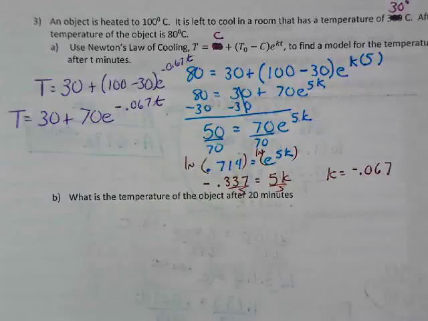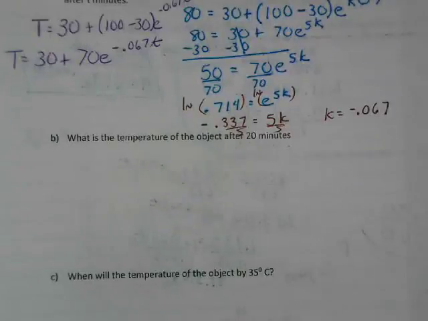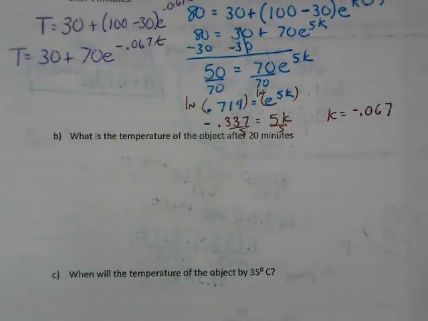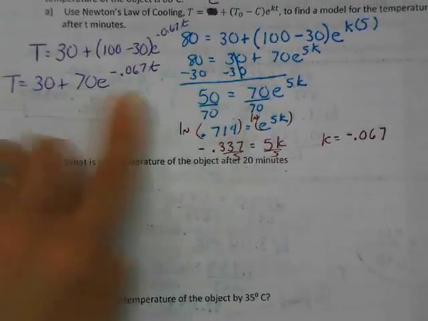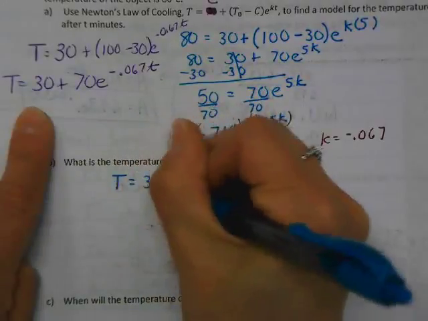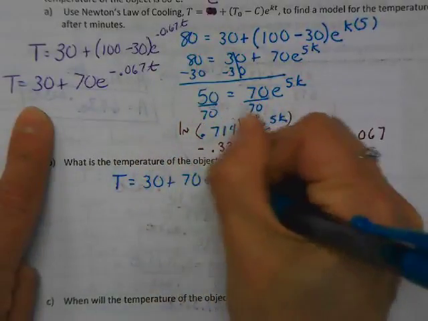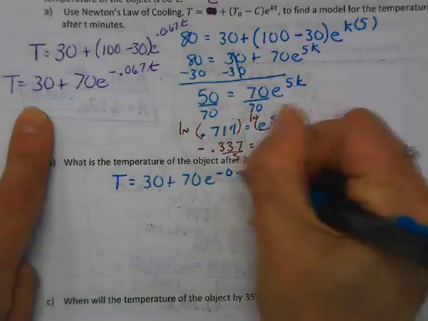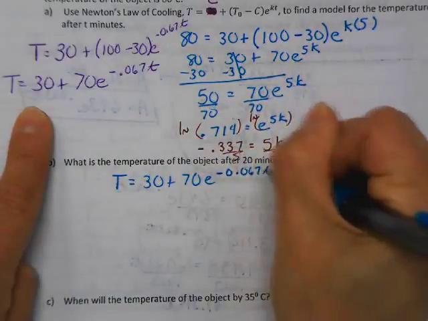Alright, so B says, what would the object's temperature be after 20 minutes? You now have your general formula. T equals 30 plus 70 e to the negative 0.067 t. And this time, what do you know? You know that your little t is 20. So take out your little t and put in 20.